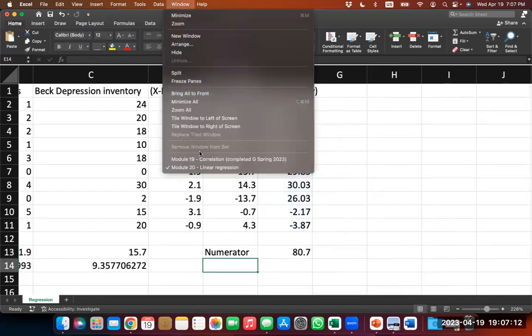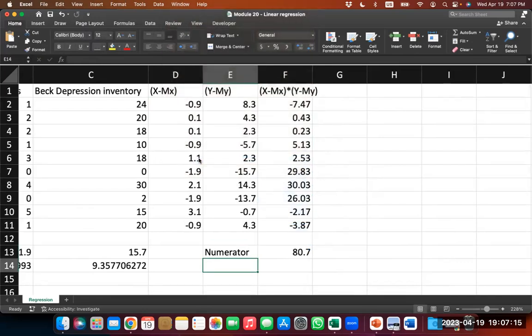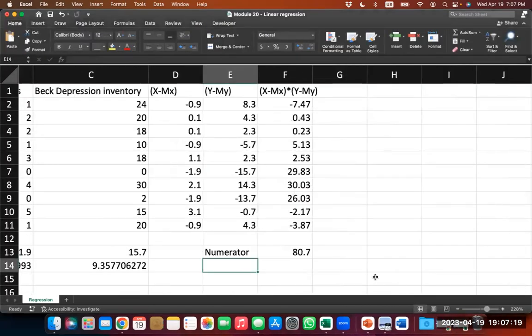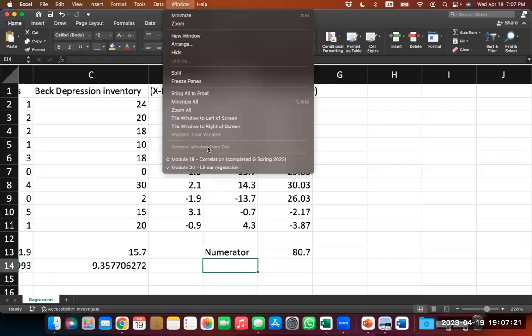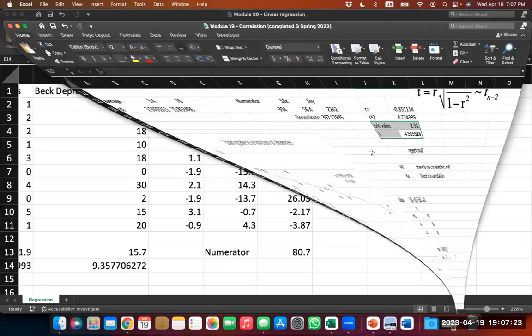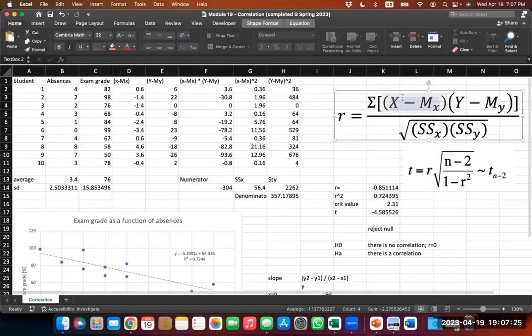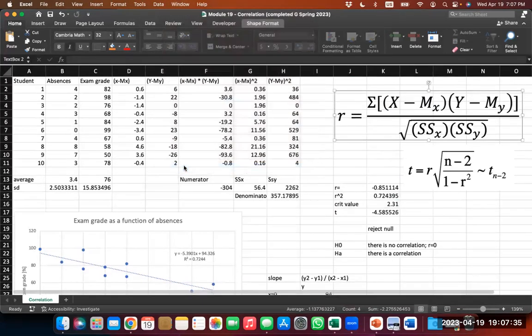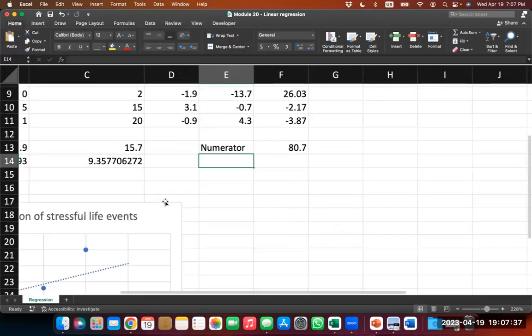So just to keep in mind, this is basically what we want to calculate now. We have the sum of the products of the deviations divided by the square root of the sum of squares.